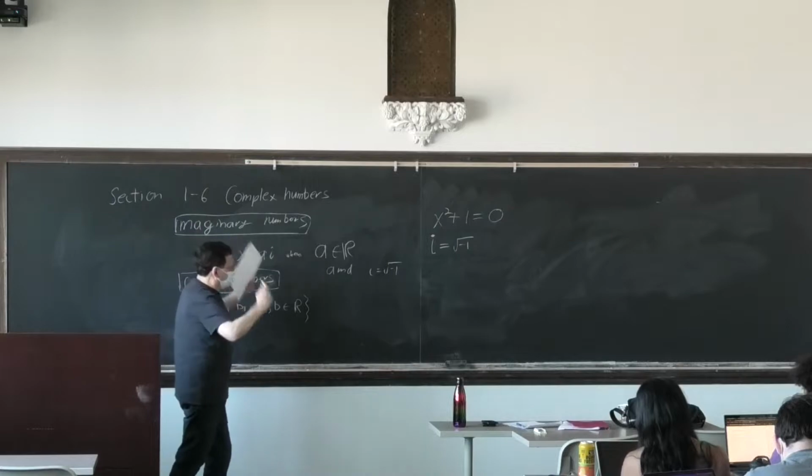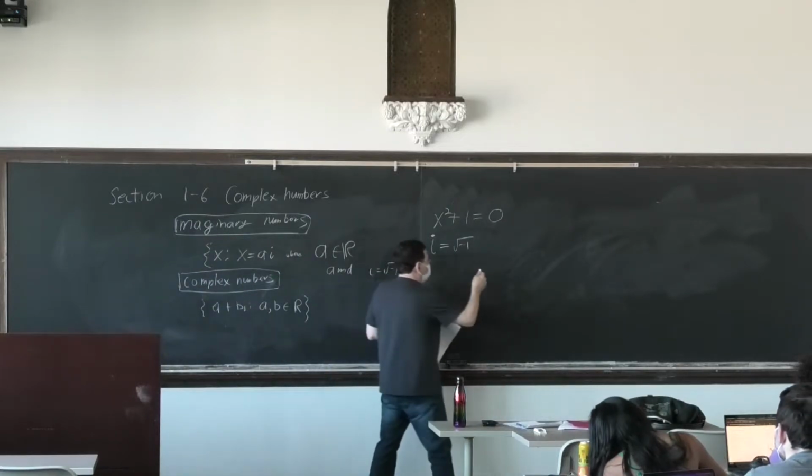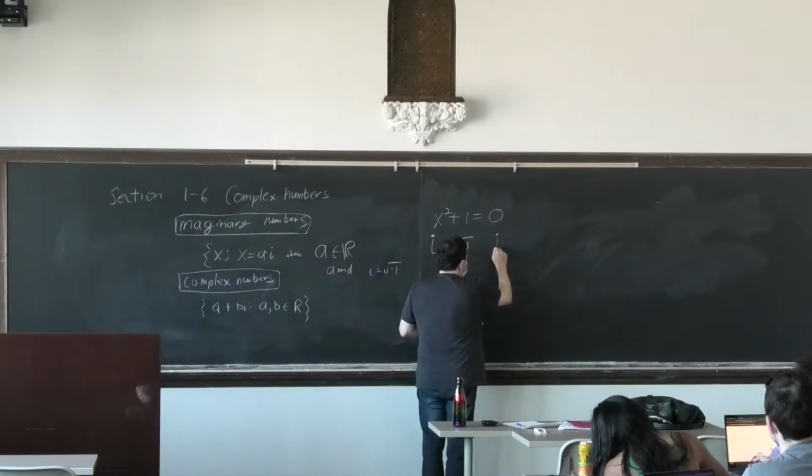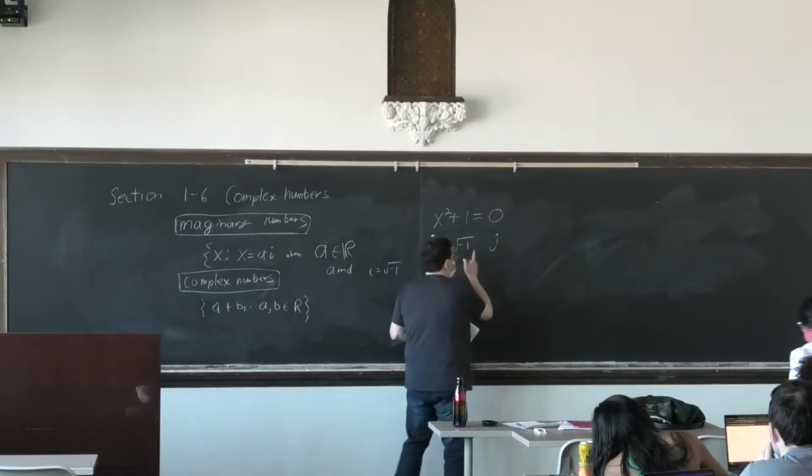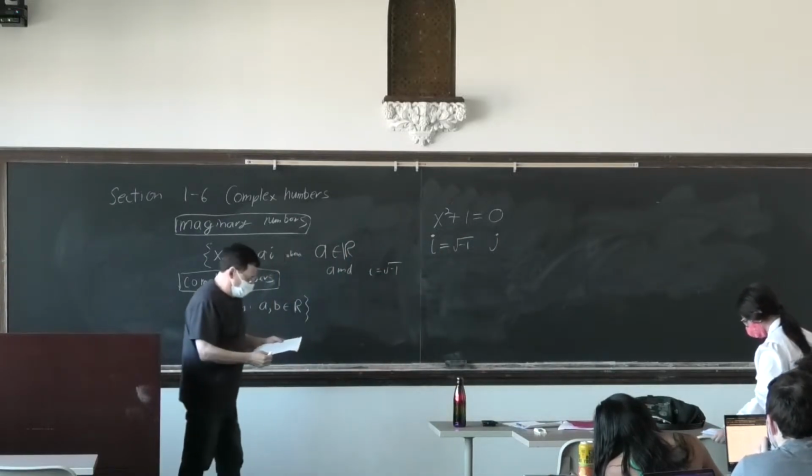I don't know why I feel compelled to say this, but if you were an electrical engineer, they for some reason use j, meaning square root of -1.